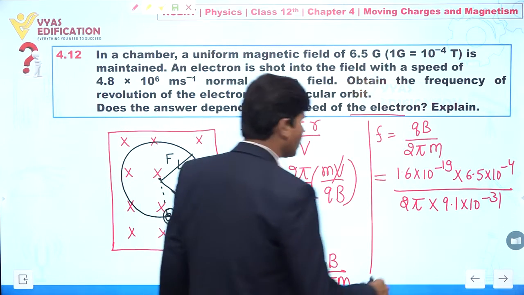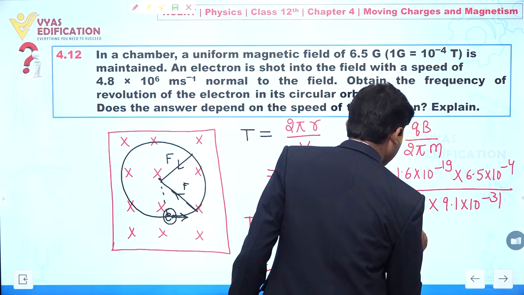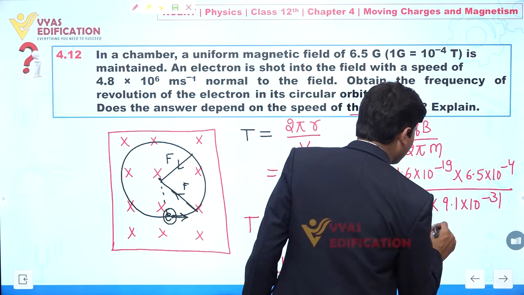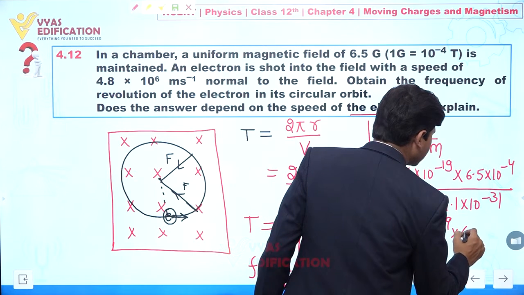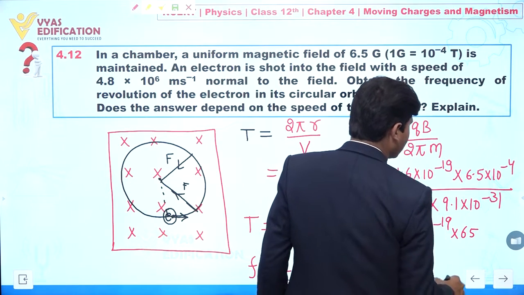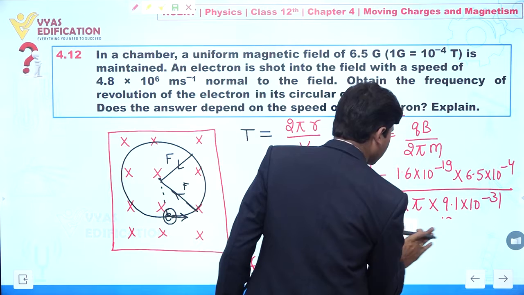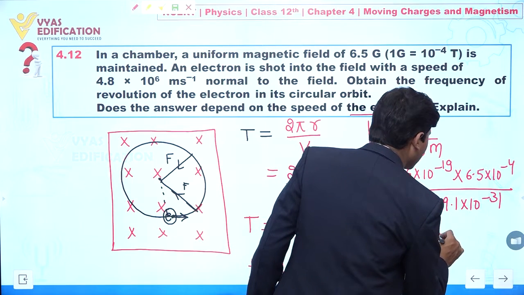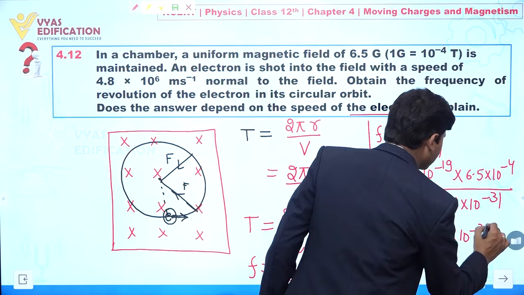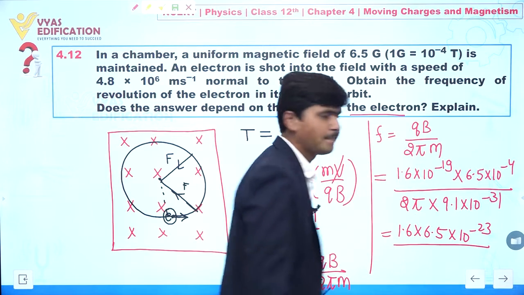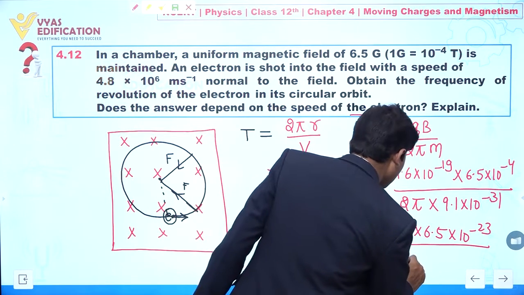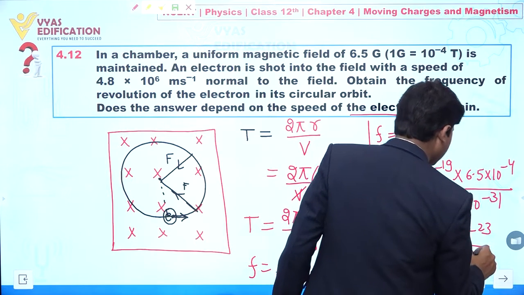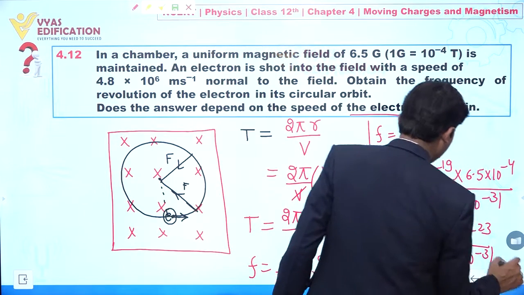Now we can solve it easily. Listen carefully: this is 1.6 into 6.5 into 10 to the power minus 23, divided by 2 pi into 9.1 into 10 to the power minus 31.